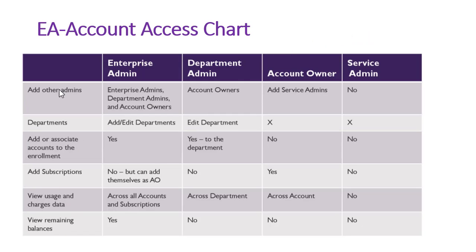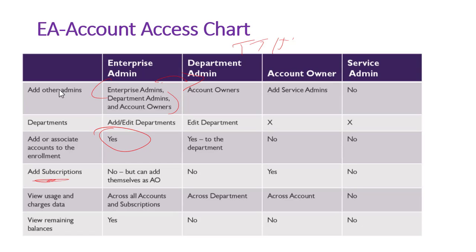When it comes to the enterprise admin, the enterprise admin can create the department and assign an owner to the department. So he can create a department like IT or finance and assign any user to be the owner of the department. He can also associate any new accounts to the department.